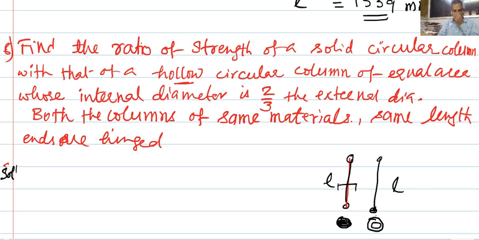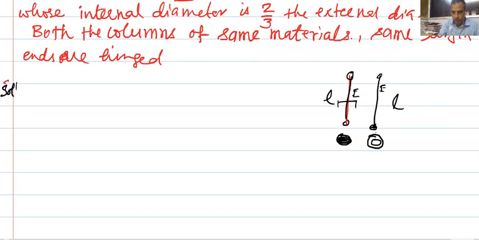Okay, both length and same material, E is same, right. And the difference is that this is a solid, another is hollow, okay, and the P we have to find out.